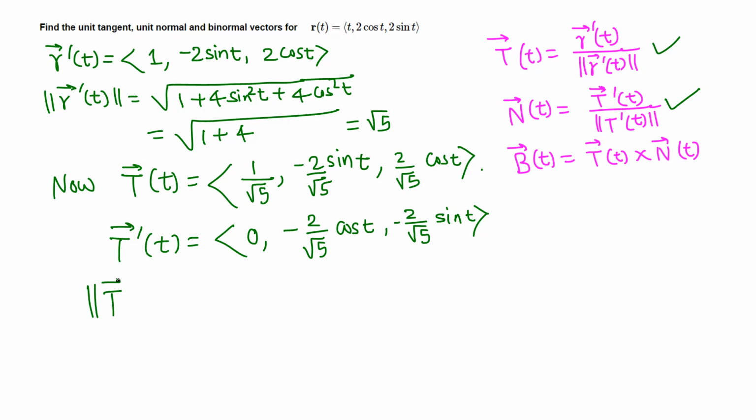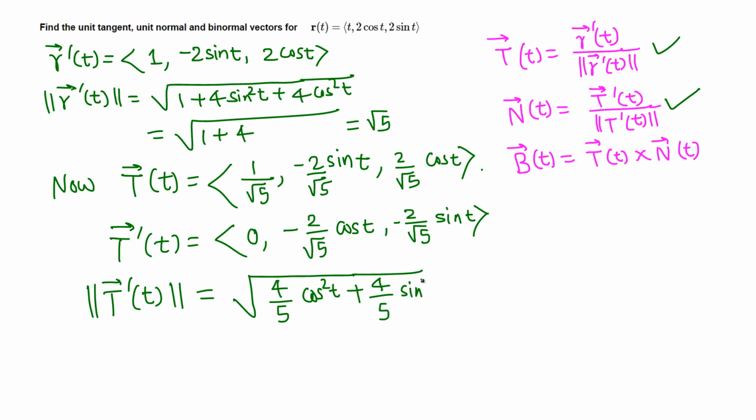Okay, this is the unit normal vector. So the magnitude of this derivative of the tangent is equal to the square root of 0 squared, just 0. Negative squared will be positive, so 2 over root 5 squared, that's 4 over 5 cosine squared t, plus negative squared will be positive, so 2 over root 5, that's 4 over 5 sine squared t.